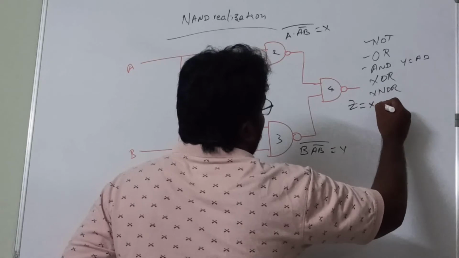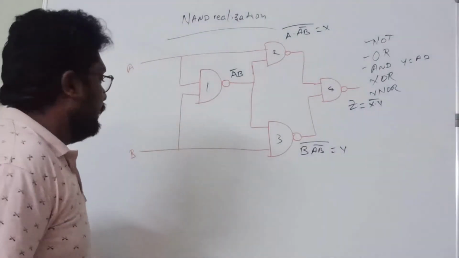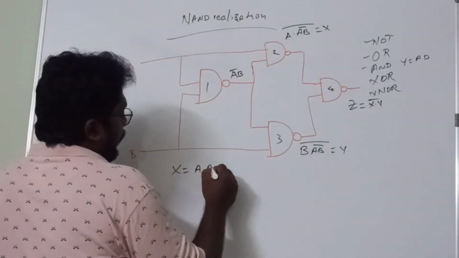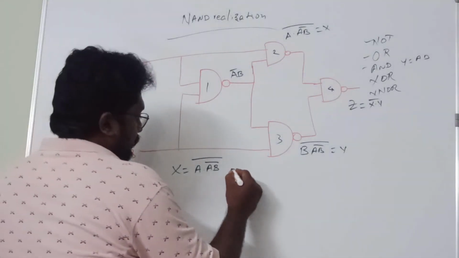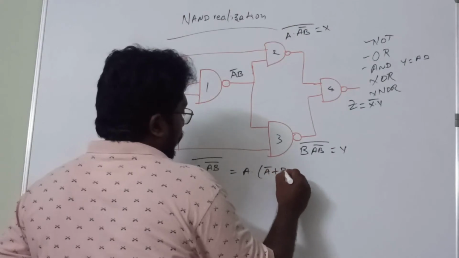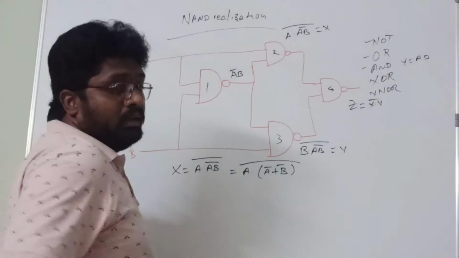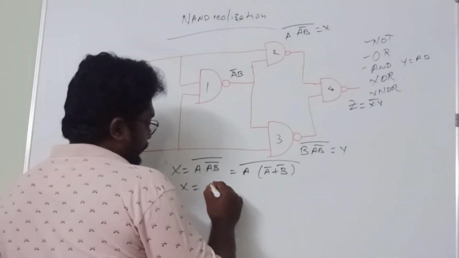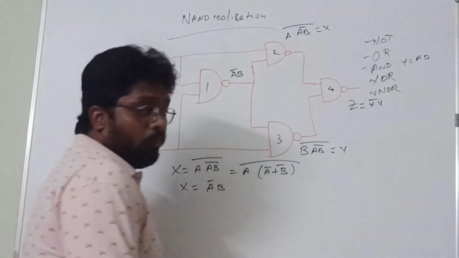So X dot Y whole complement, right? So here X is equal to A dot AB whole complement. So this will become A dot A complement or B complement whole complement. This is according to De Morgan's law.